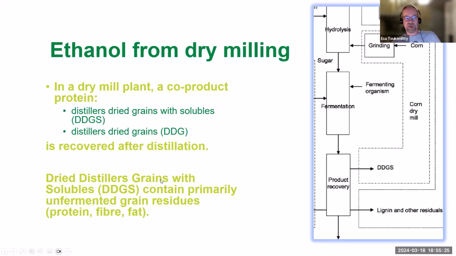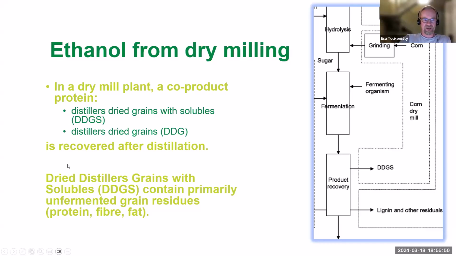Here you'll see that you get different products, side products, in addition to ethanol in that dry milling process. So this acronym DDGS, distillers dried grains with solubles, and DDG is distillers dried grains.